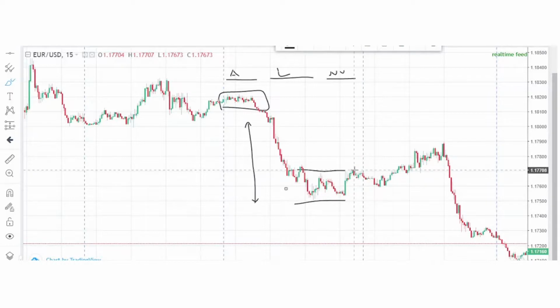Then you realize that Asia opened and you are waiting for the close of Asia. So you look for the highs and lows of Asia, which is the session. This is the low of Asia and the high of Asia.